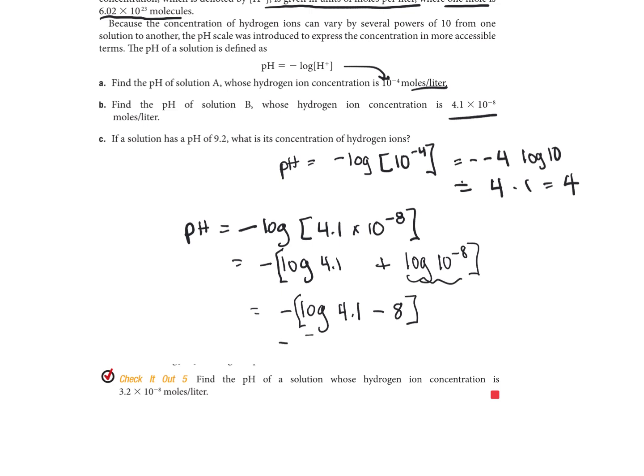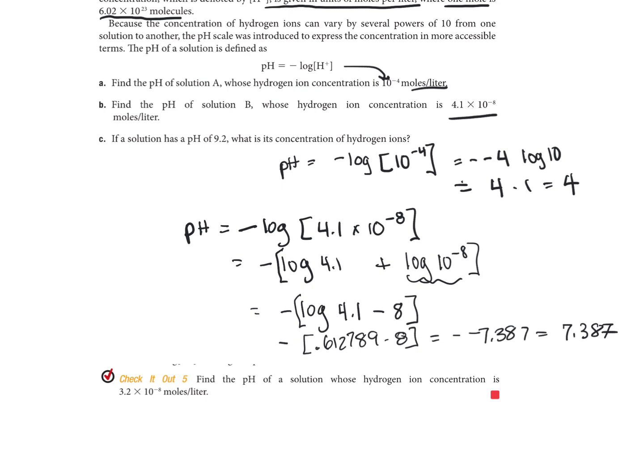This is negative 0.612789 minus 8, which is negative 8.612789. Sorry, the pH is positive 7.387 when done carefully. Which is 7.387.